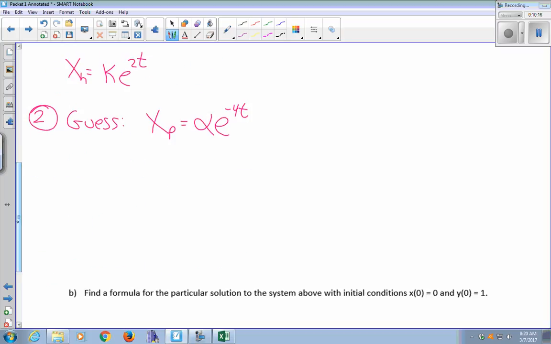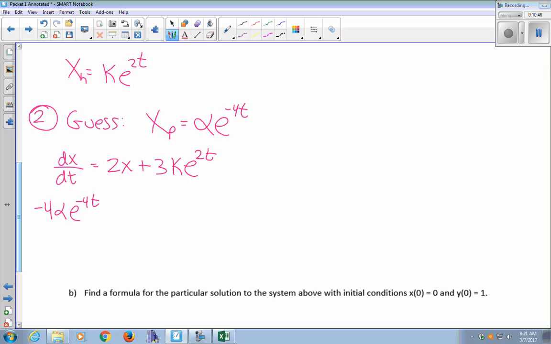All right, so dx dt is 2x plus 3k e to the 2t. So that's my original dx dt. Now, what is the derivative of alpha e to the negative 4t? Negative 4 alpha e to the negative 4t.